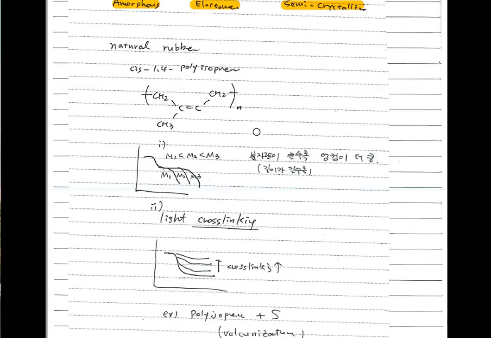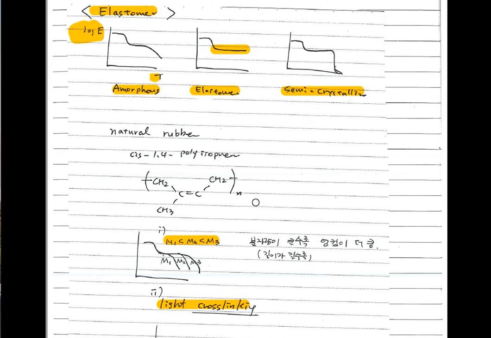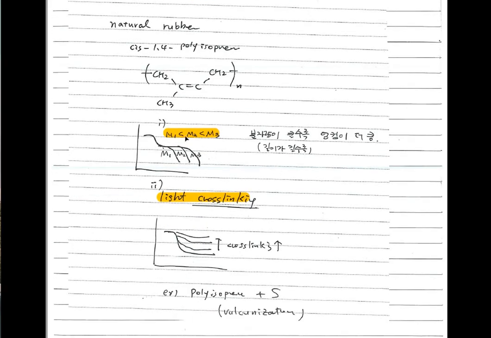And if you check the effect of this light cross-linking and also the molecular weight, you first need to understand what exactly causes this larger range of the rubbery plateau for elastomer. So let's first consider the effect of molecular weight.